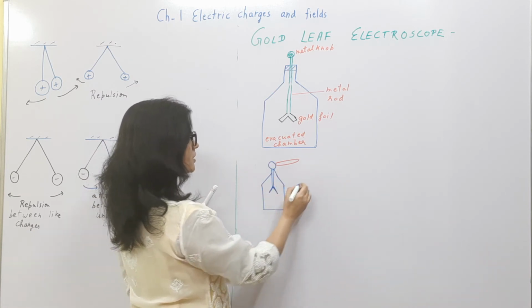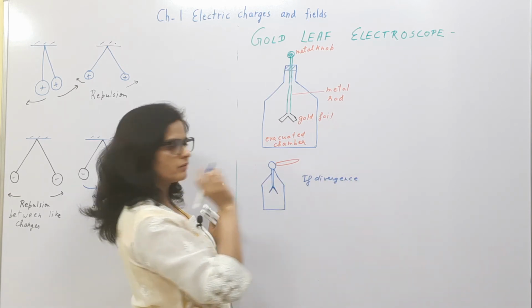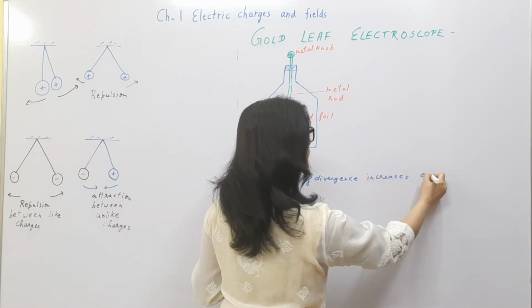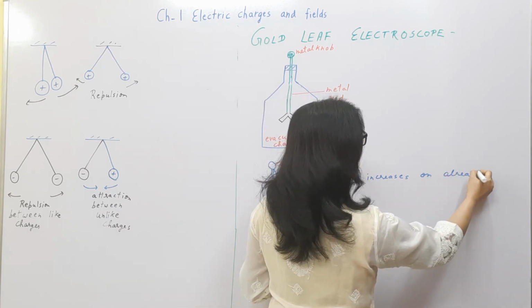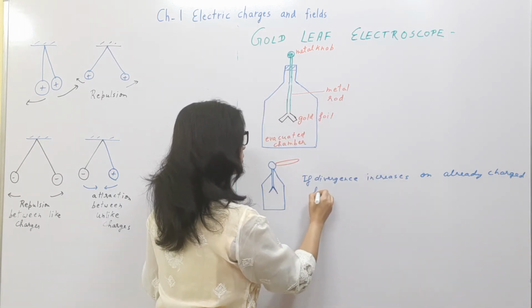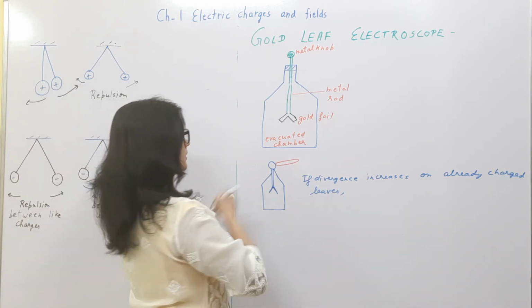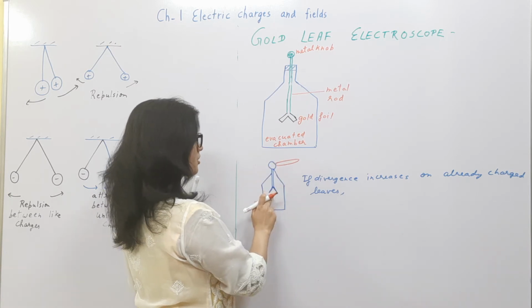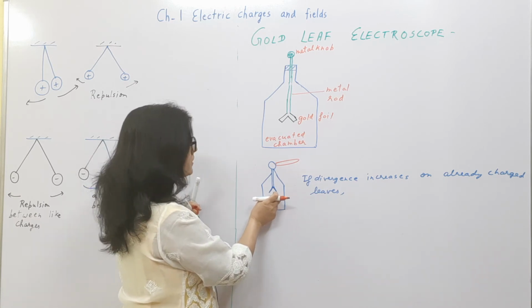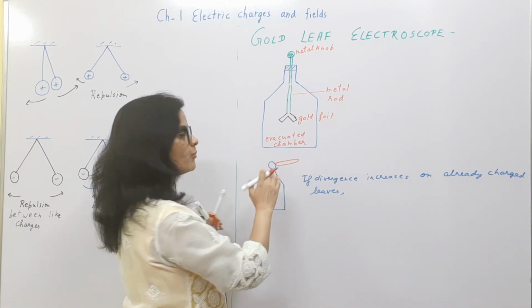Then if the divergence increases on already charged leaves, what does it indicate? It indicates that this rod had the same charge. So when this charge is transferred, the divergence increases because the same charges increase. So this degree of divergence tells us about the charge, how much charge was there.